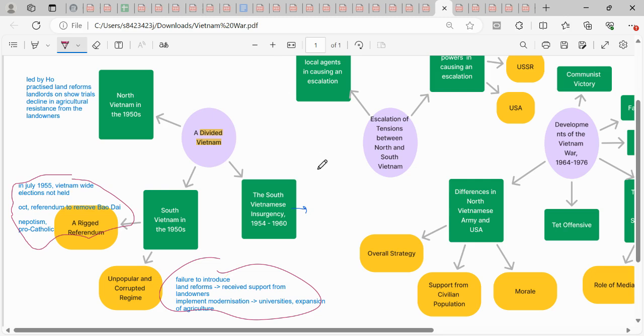Okay, key aspects of the insurgency, we'll just type it out here. So who were the people who disliked President Diem? You had the Buddhist monks, former members of the Viet Minh, who were based in the south.